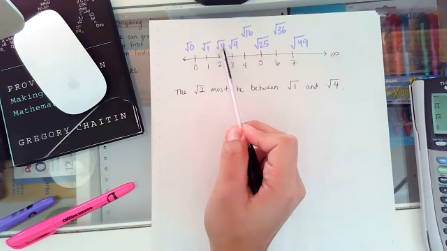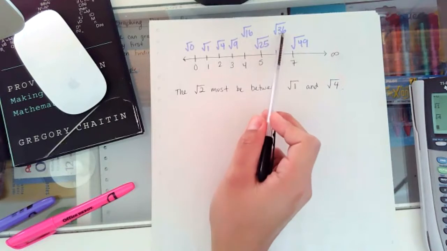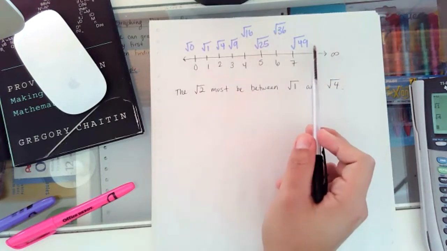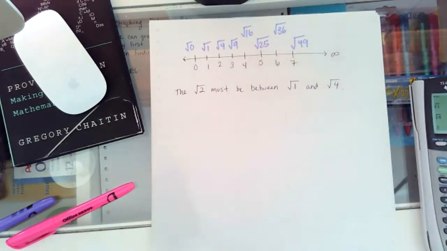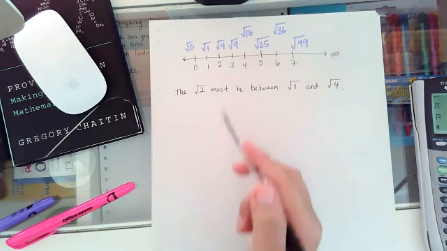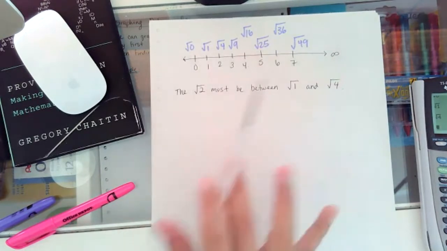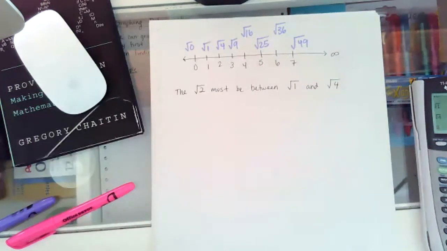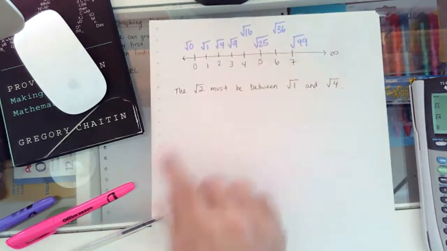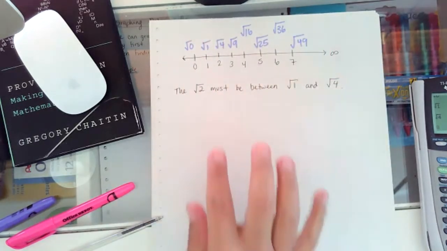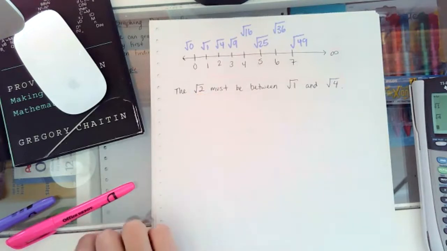The numbers get larger here. We go from 1 to 4, and then from 4 to 9 to 16, 25, 36, 49, 64, 81, and so on. Because typically we just think about the whole numbers as being on the number line, but really the number line has all these weird numbers on there too. Some of those radicals are equivalent to the whole numbers, but some of these radical expressions are not.